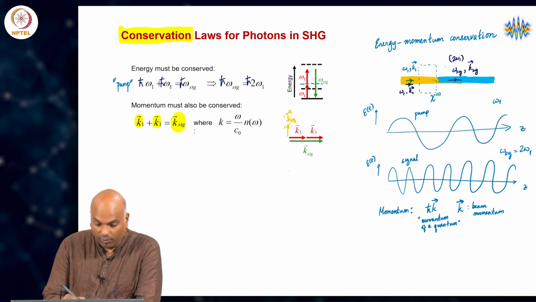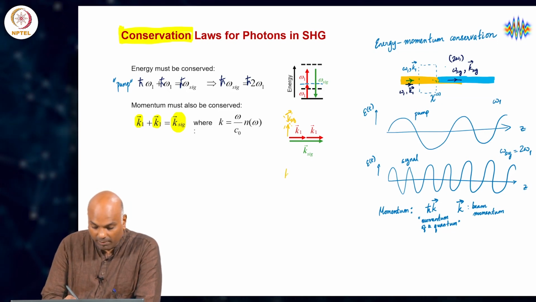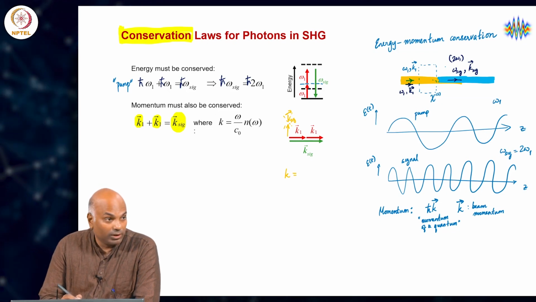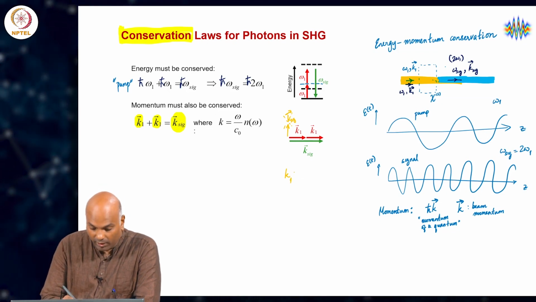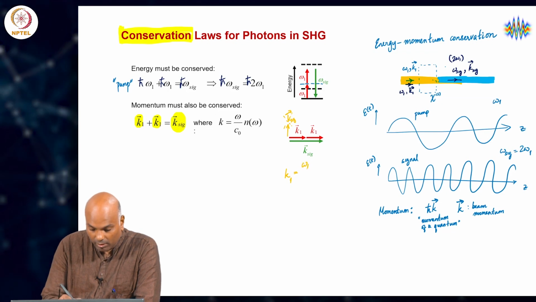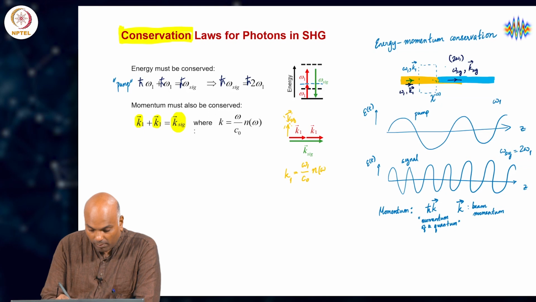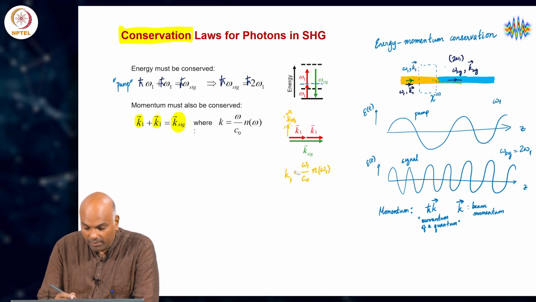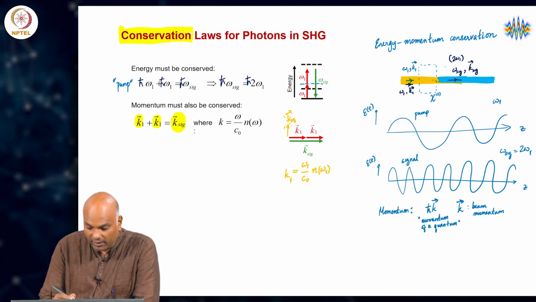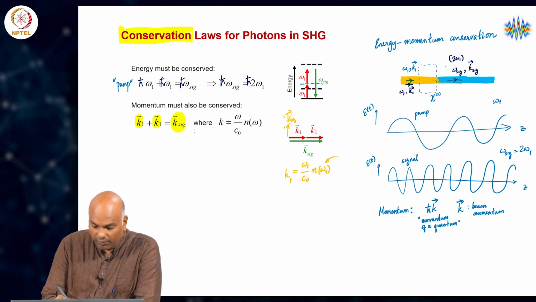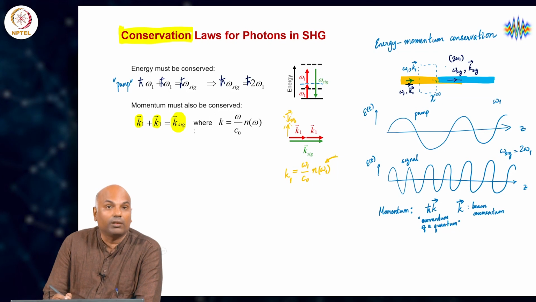What must happen is that the magnitudes must match now. The magnitude of k 1 is omega 1 by c naught times the value of the refractive index at omega 1. Note this factor carefully.